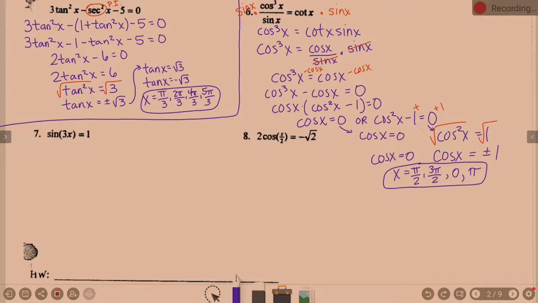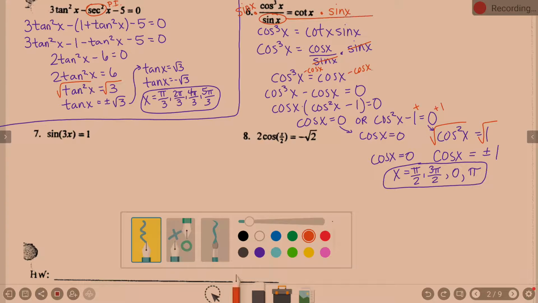Before I move on to the next problem, though, we have one thing to consider. In the original problem, we had a fraction, correct? And what do you know about a fraction? Denominator cannot be 0. And what did we have in our denominator here?